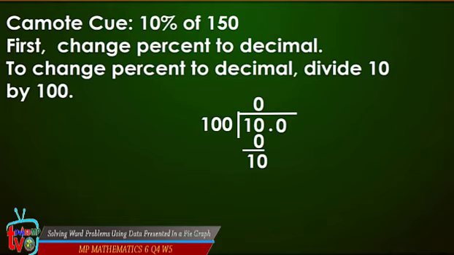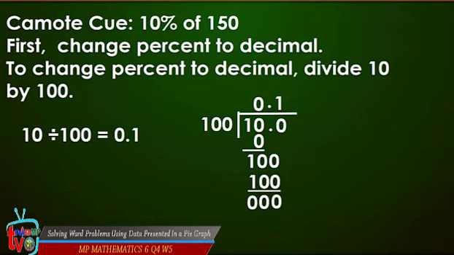Put also a decimal in the quotient just above the decimal in the dividend. Then bring down 0. 100 divided by 100 is equal to 1. 1 times 100 is equal to 100. Get the difference: 0. 10 divided by 100 is equal to 0.1.